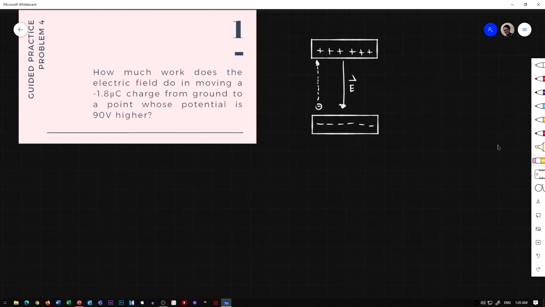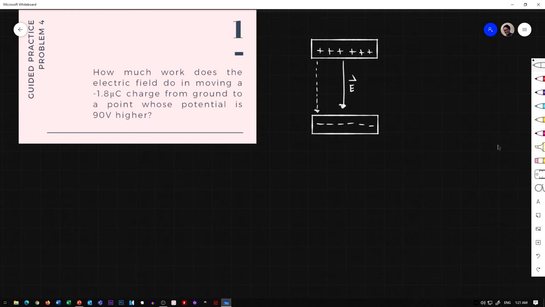So it means it's going to go against its orientation, right? Because it will be moving from 0 voltage to a place where the translation and the equation will still be the same.